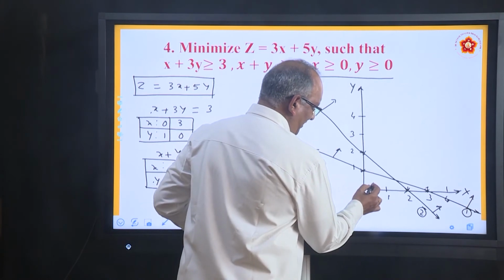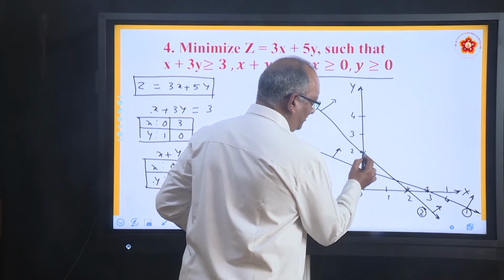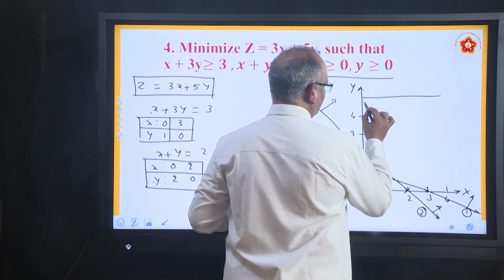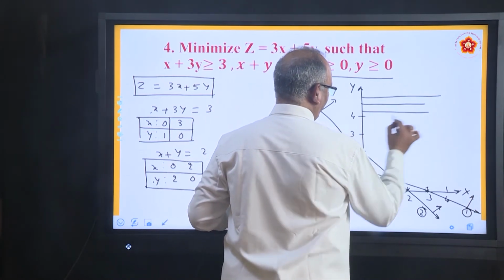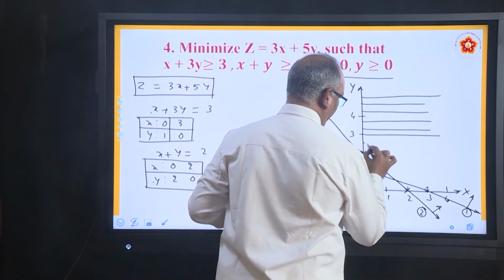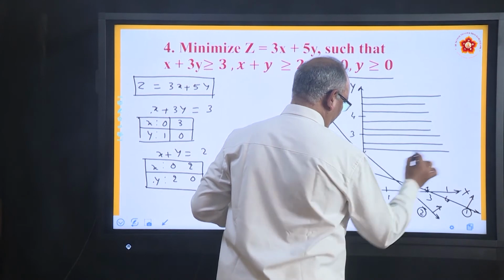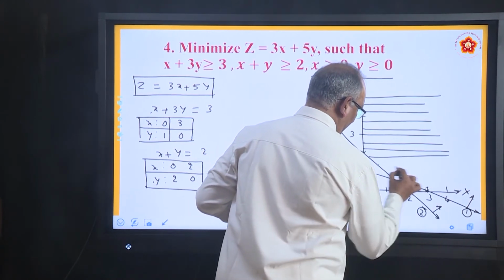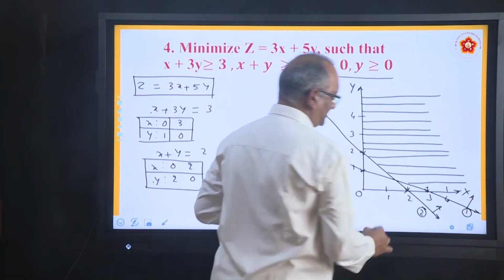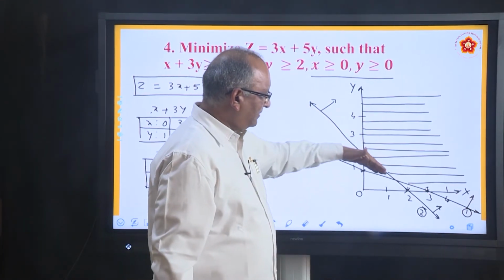If you shade here, this part is not there in either 1 or 2. It should be common. So, the common area will be this outside area, which is above both of them.